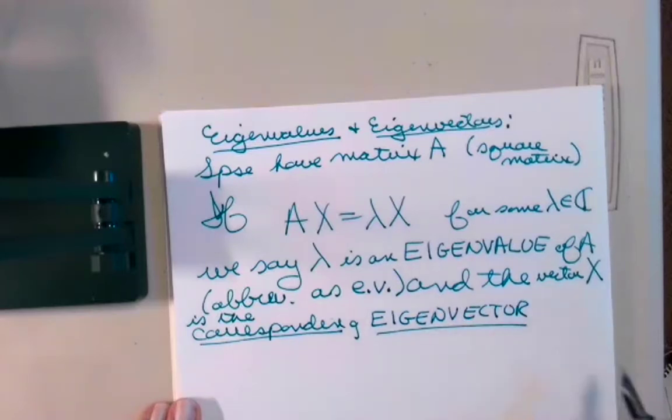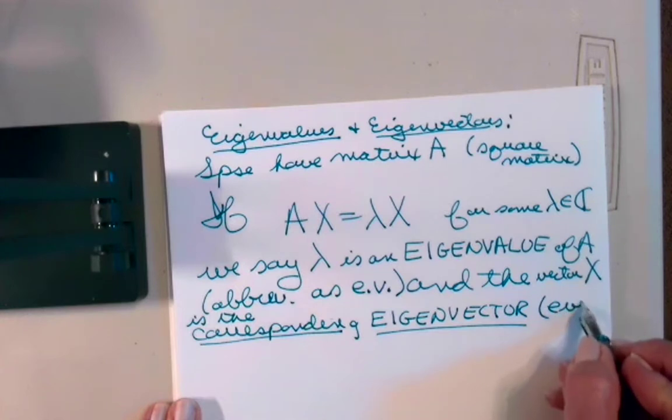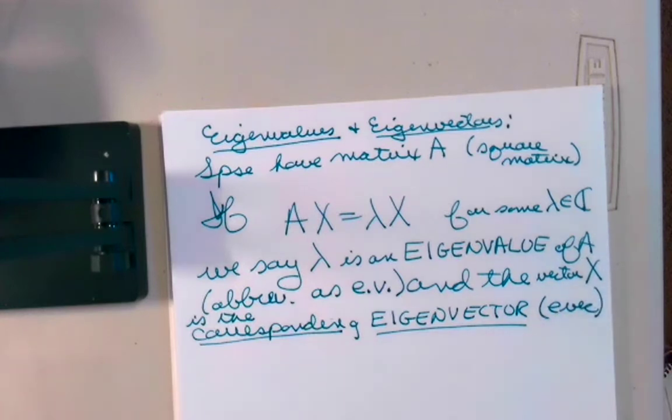Now I can't use EV for eigenvector because I've already used it for eigenvalue, and we need to distinguish. So what's my favorite abbreviation for that? EVEC. Okay, then there's no confusion. An eigenvalue is EV, an eigenvector is EVEC.